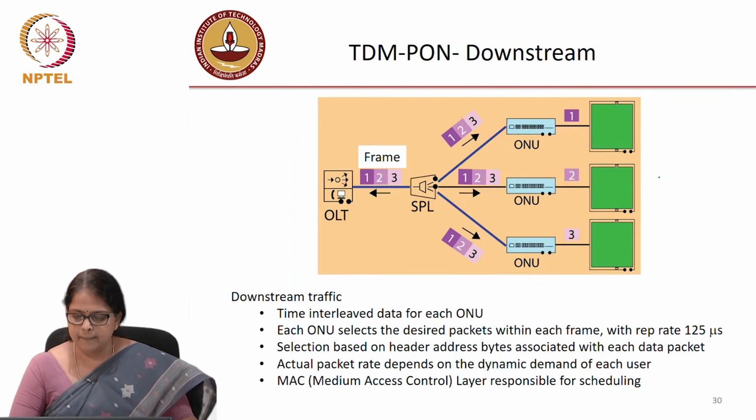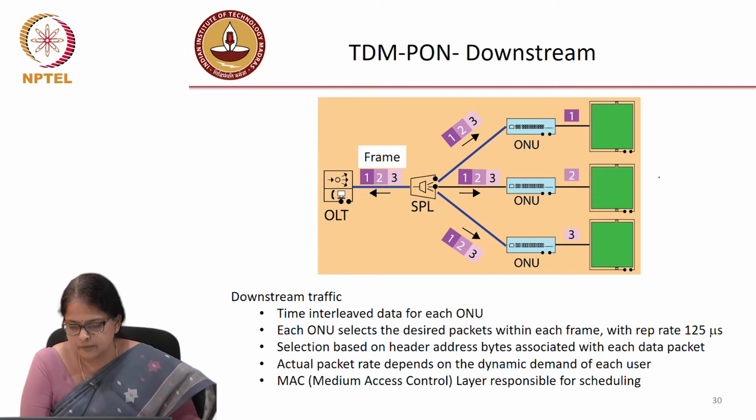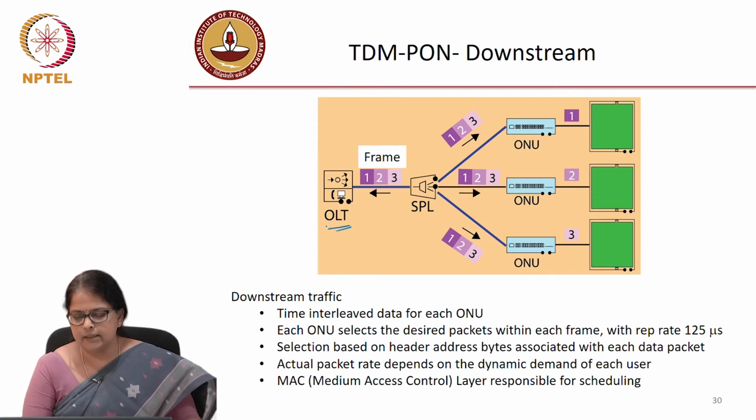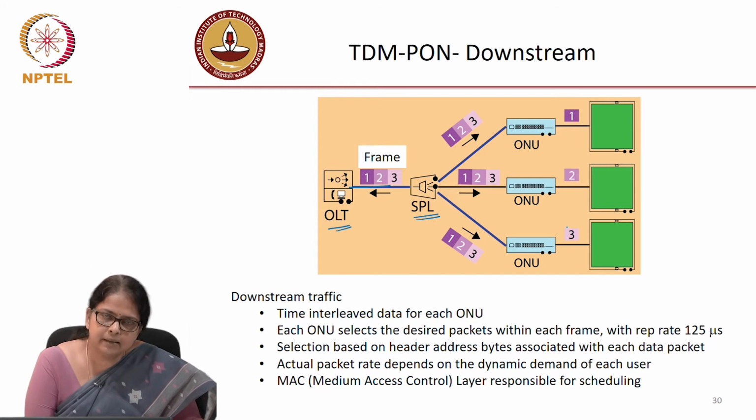Okay. The way a TDM PON works is the following. So from the OLT to the splitter, all the data that is supposed to be serviced for each of these ONUs are multiplexed in the time domain.